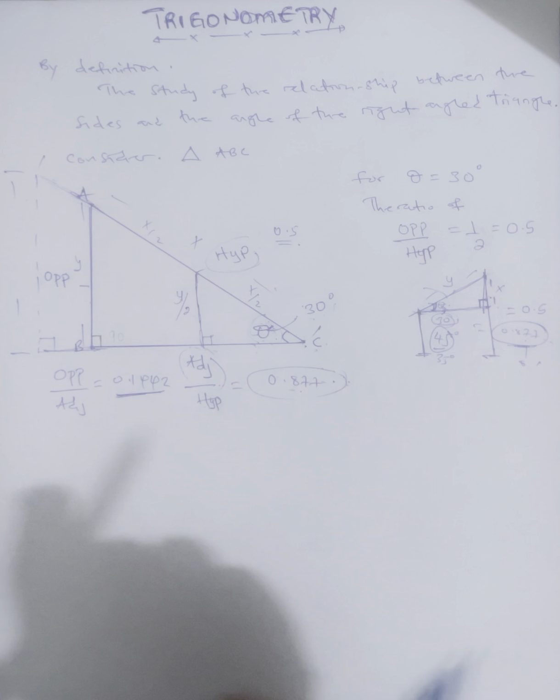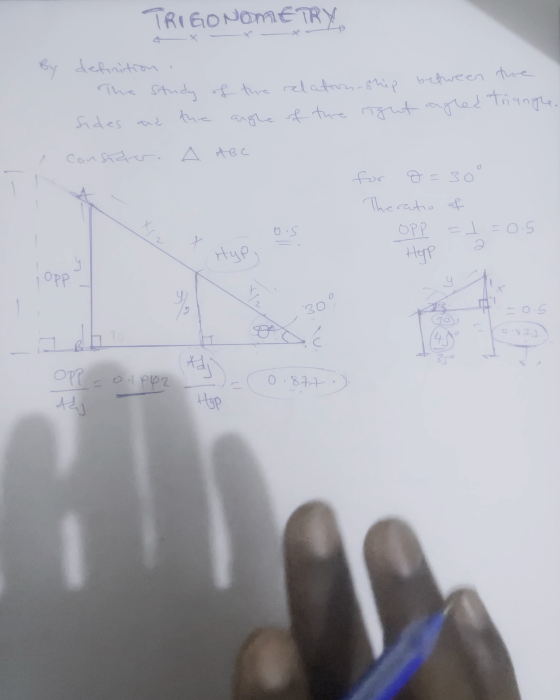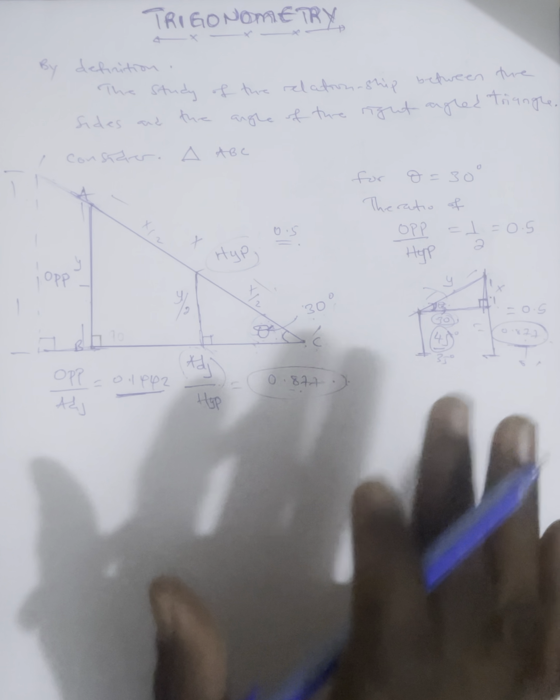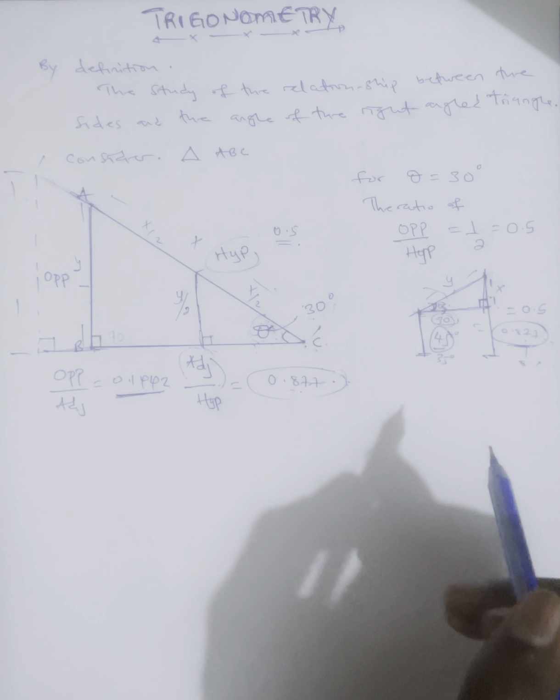So this is the concept, and it is a very useful concept in real life. As long as you grasp this concept and use it in real life, you can make anything involving the right angle triangle simpler.